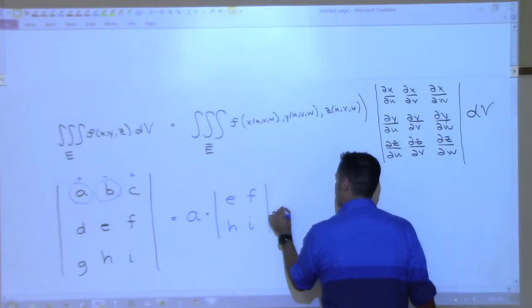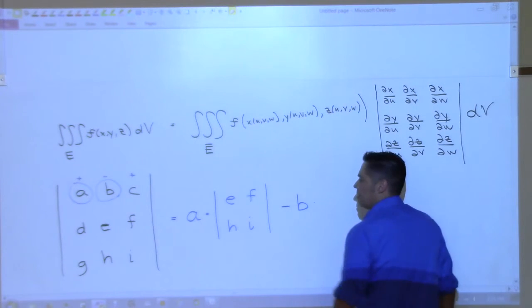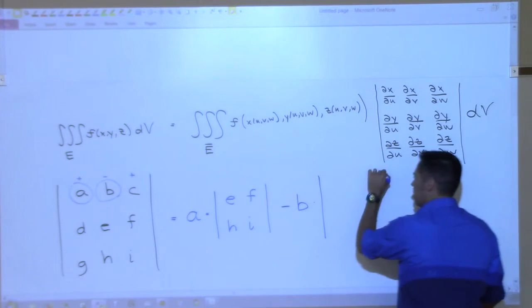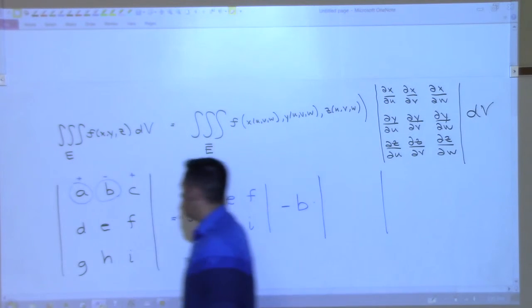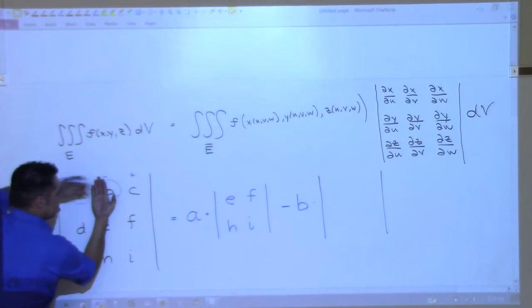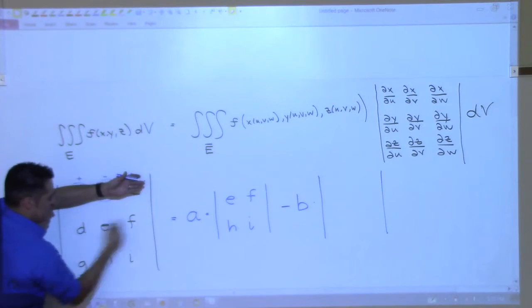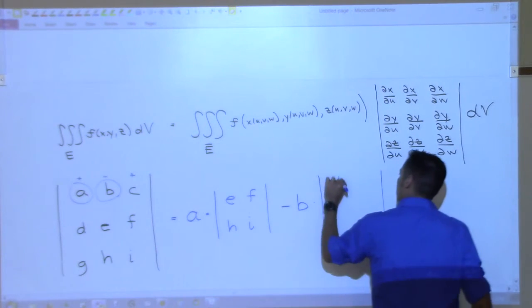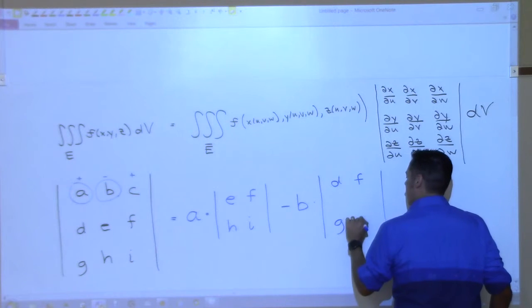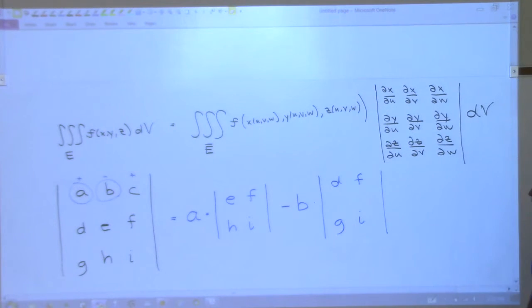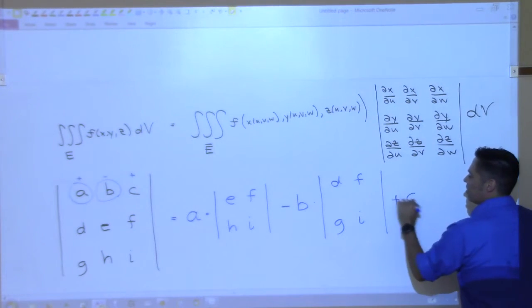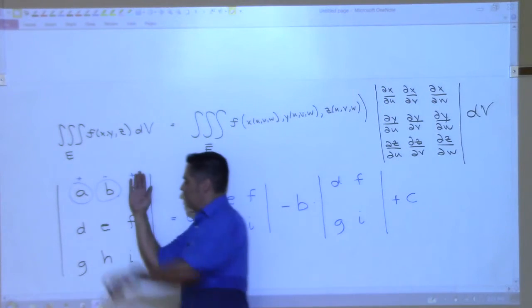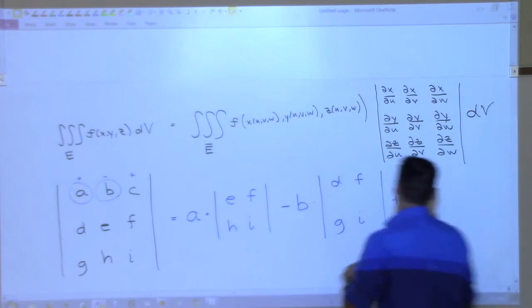So I go minus B, and then times, now what do you think I use in here this time? D, F, G, I. So I close off this and this, and what's left is D, F, G, I. Make sense? And then plus, because it's plus on the last one, C, close off this and this, D, E, G, H.